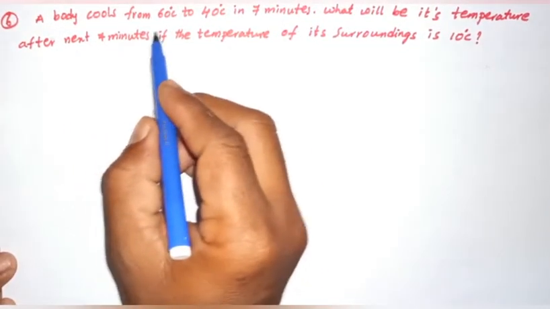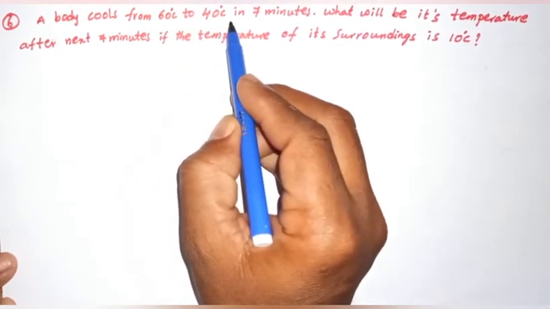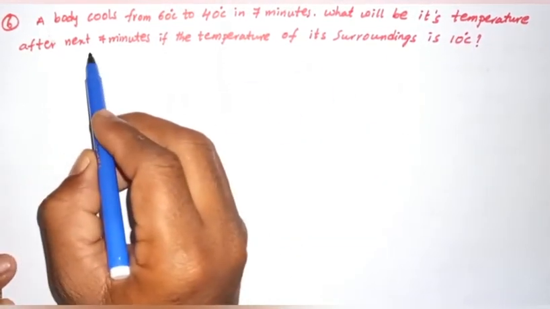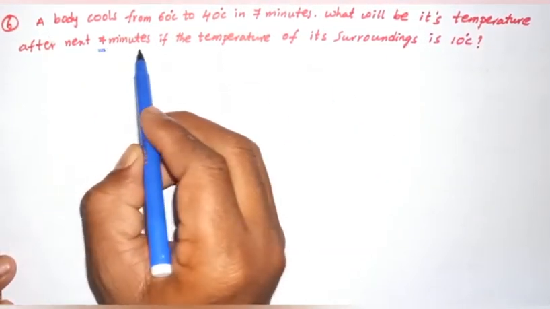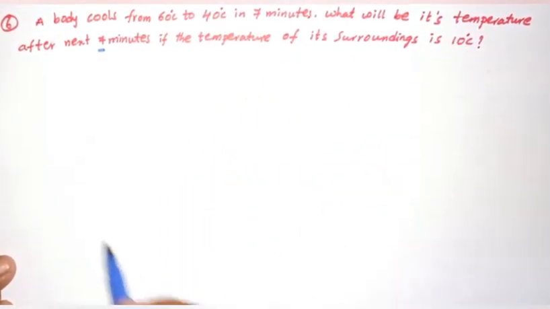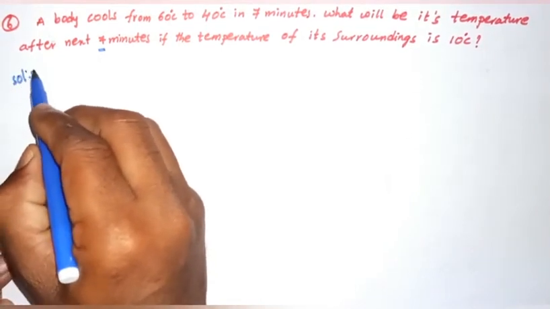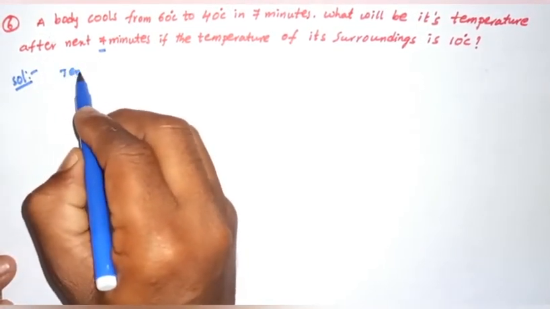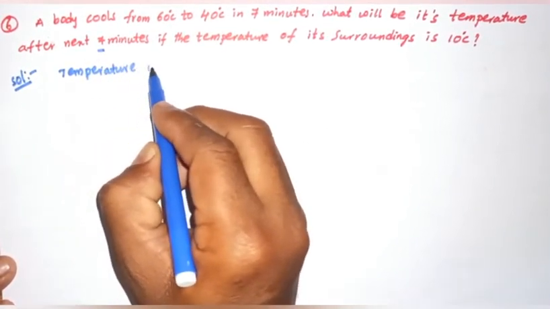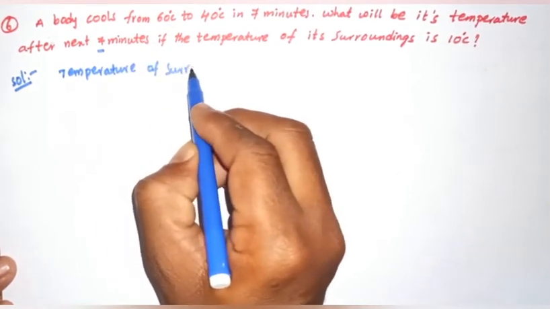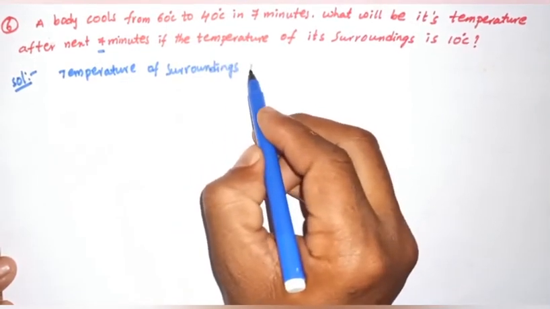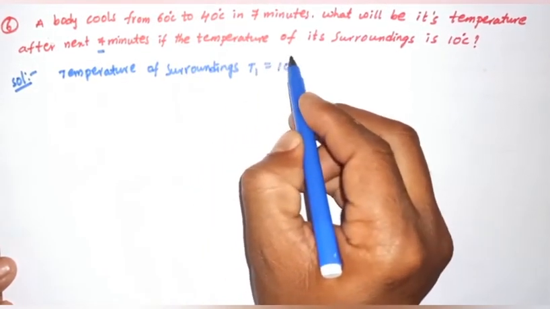A body cools from 60 degrees Celsius to 40 degrees Celsius in 7 minutes. What will be its temperature after the next 7 minutes, if the temperature of its surrounding is 10 degrees Celsius? Here the temperature of the surrounding is given, T1 equals 10 degrees Celsius.